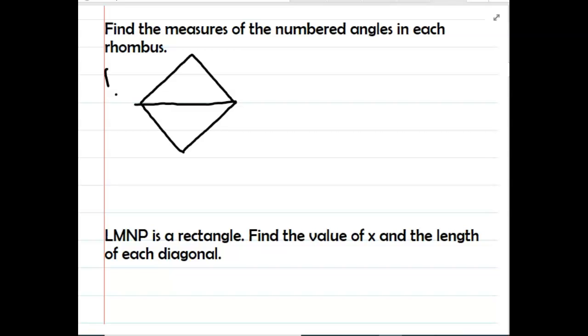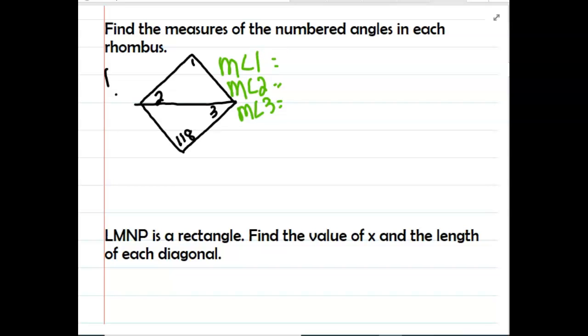So this top angle is going to be 1, the bottom left one in that triangle is going to be 2, and then up here will be 3. Those are the ones we're looking for. And then I'll tell you that this bottom angle down here is 118. So I want to find the measure of angle 1, the measure of angle 2, and the measure of angle 3.